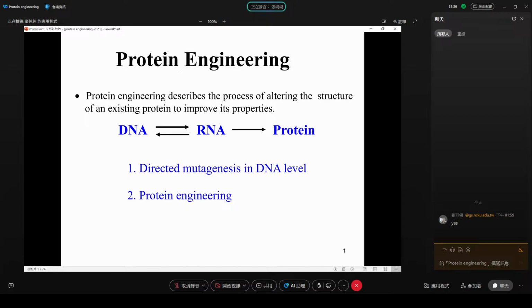So that's about two parts. Directed mutagenesis at the DNA level. Then I'm going to tell you how this kind of directed mutagenesis is used to generate new protein. And in even more modern biology, we have other strategies to generate new protein, not just mutagenesis.